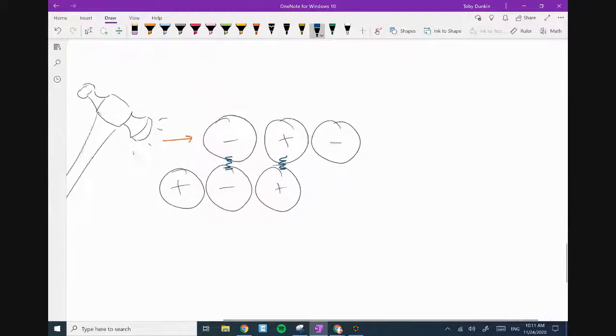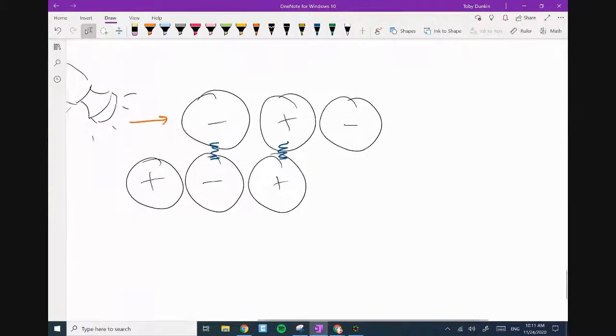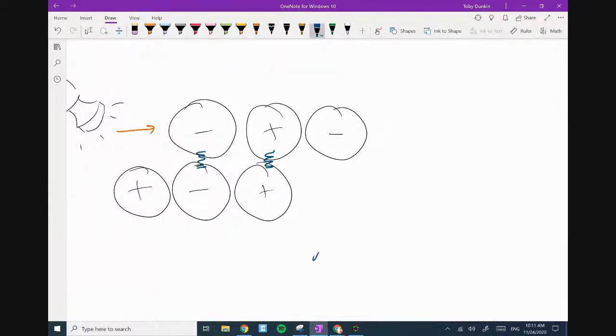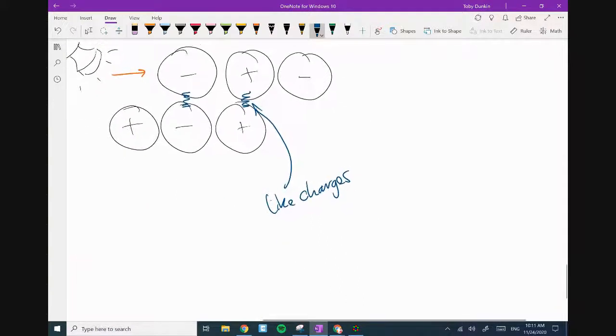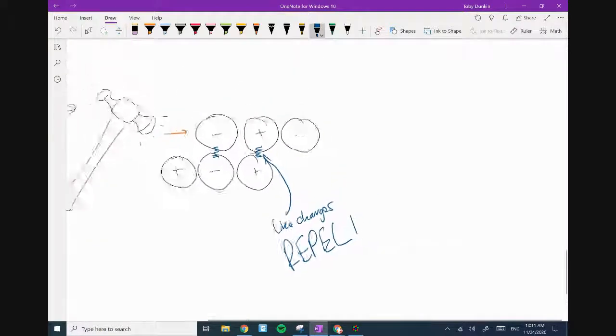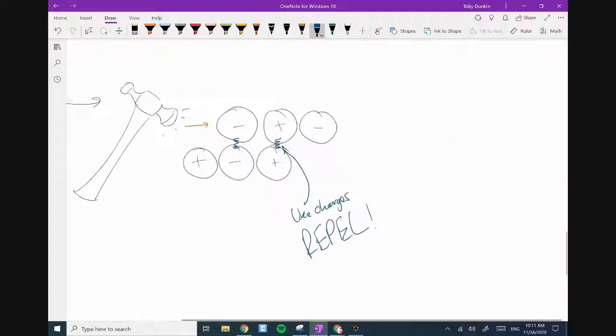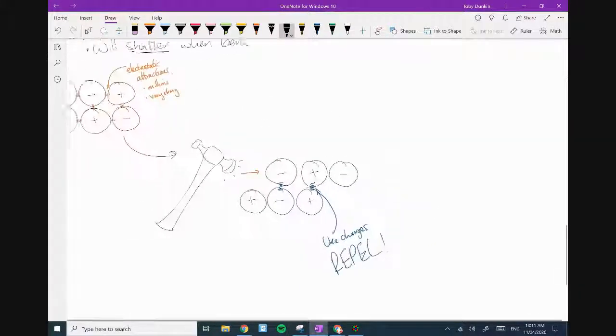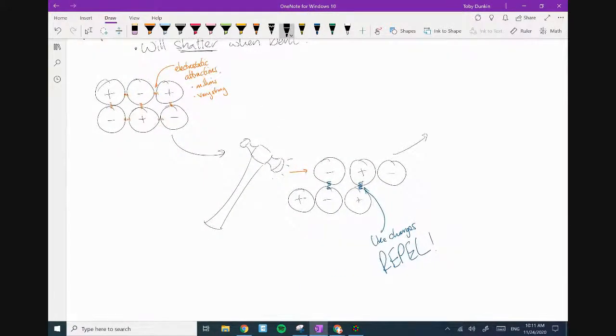We now have like charges next to each other. Like charges. And what do like charges do? Repel. So what now happens in my diagram is that it will now become this.